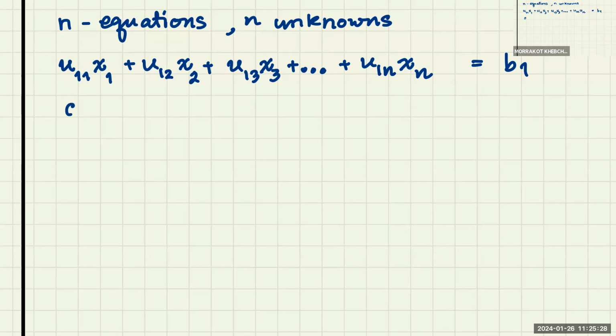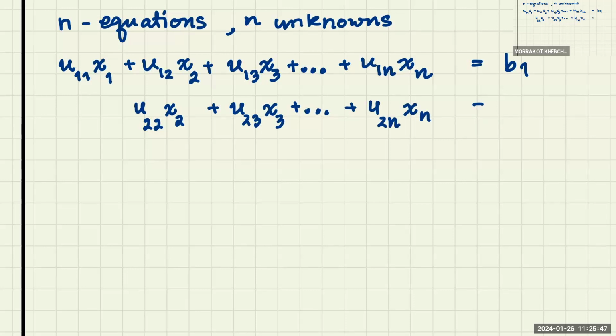Okay. Next equation is u2 x2, u3 x3. Suppose we talk about row K. What does it mean?